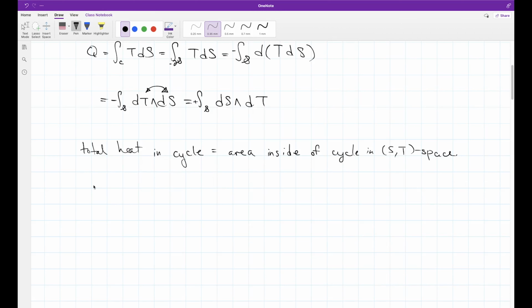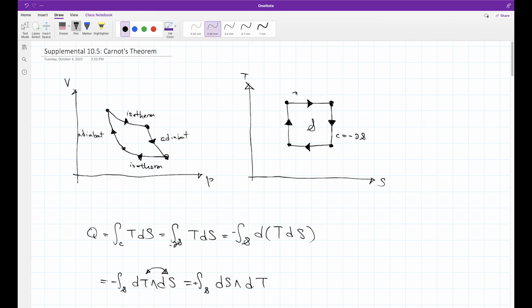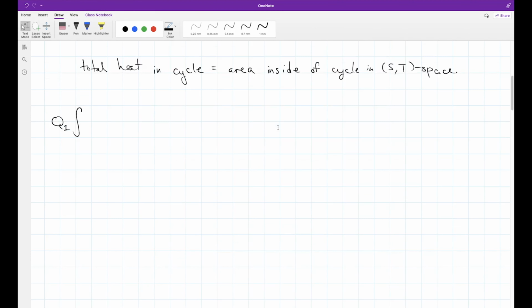Okay, there's one more thing to think about, which is evaluating each of these heat integrals. So for instance, if this is section 1, this is section 2, this is section 3, and this is section 4, then the heat that enters in section 1 can be calculated by integrating T ds over that section. Let's do that.